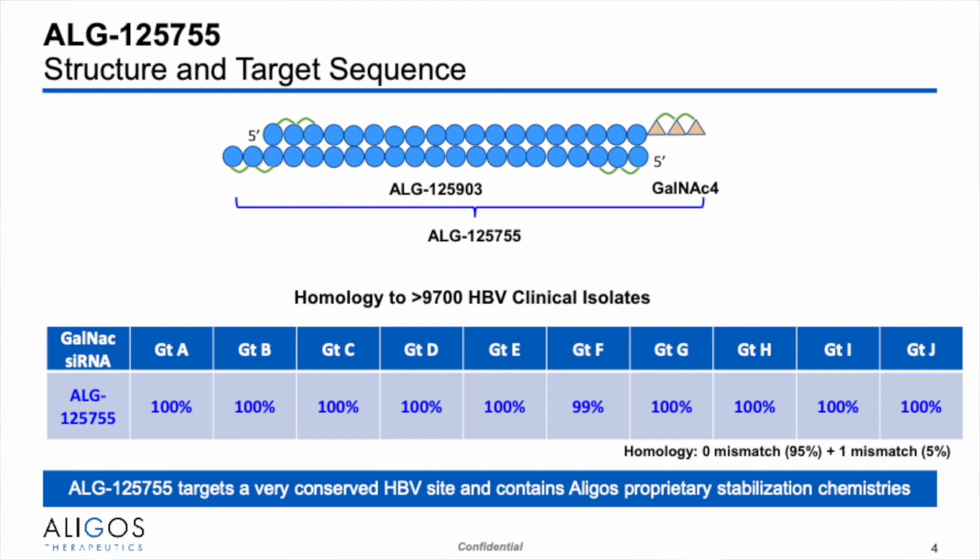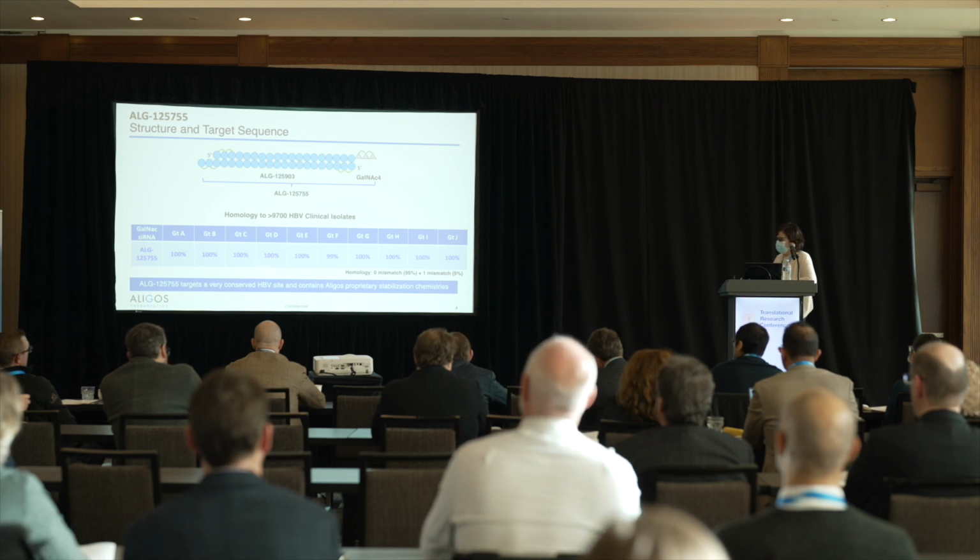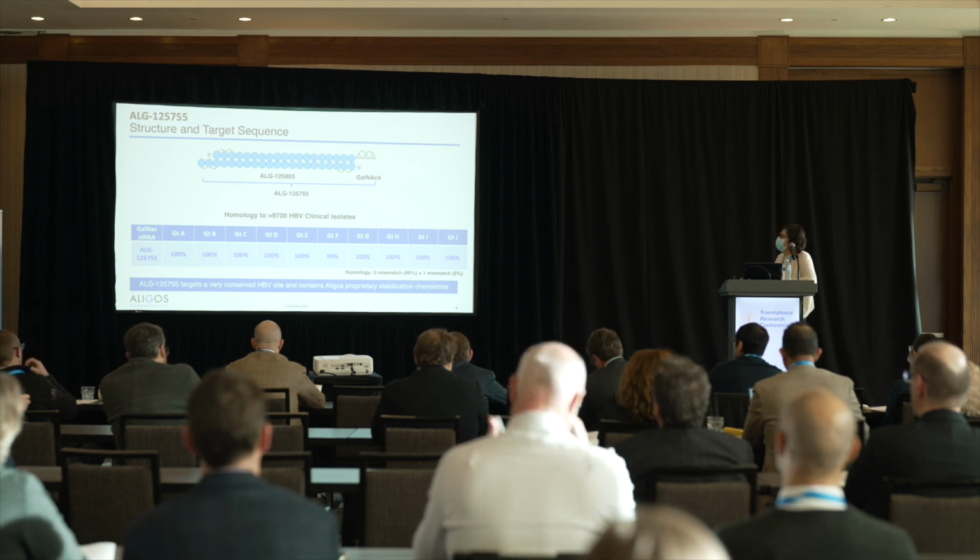We've selected this particular sequence because it has almost no mismatches to any of the different HBV clinical isolates, so we believe that's going to be an effective way of treating HBV. We also have some proprietary stabilization chemistries within this siRNA, so that it will be maintained in the plasma and have the effects that we're looking for.